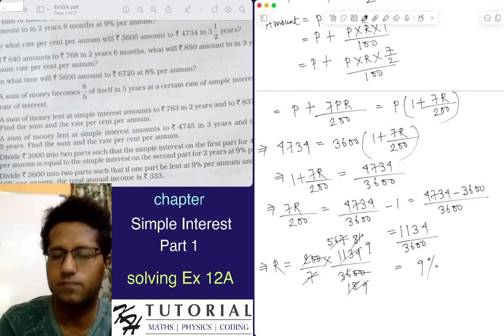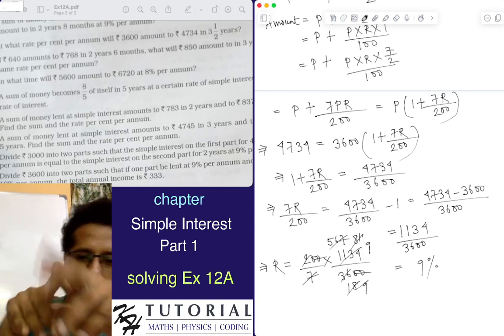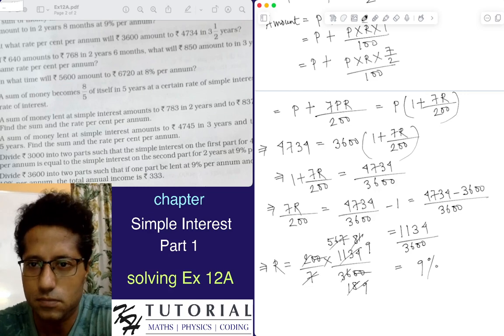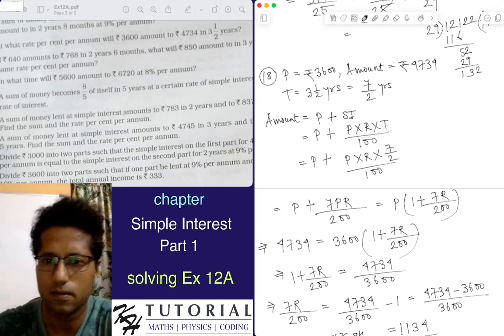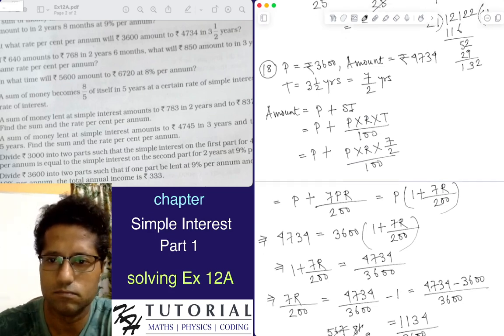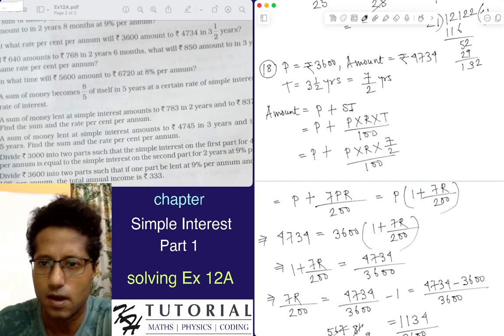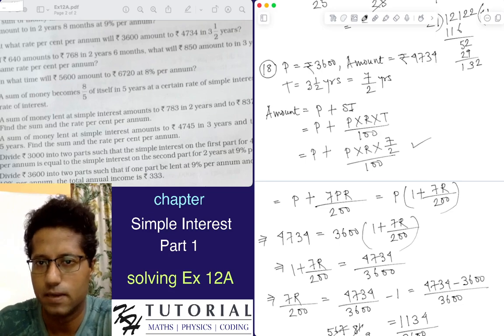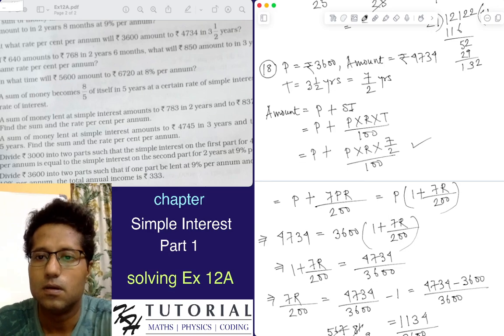The calculation will be a little complicated. You have to be very patient and do the calculations, that is the divisions, multiplications, and all these things. Now you might be wondering, why didn't I put the value of P, the principal amount given as 3600, in this equation?